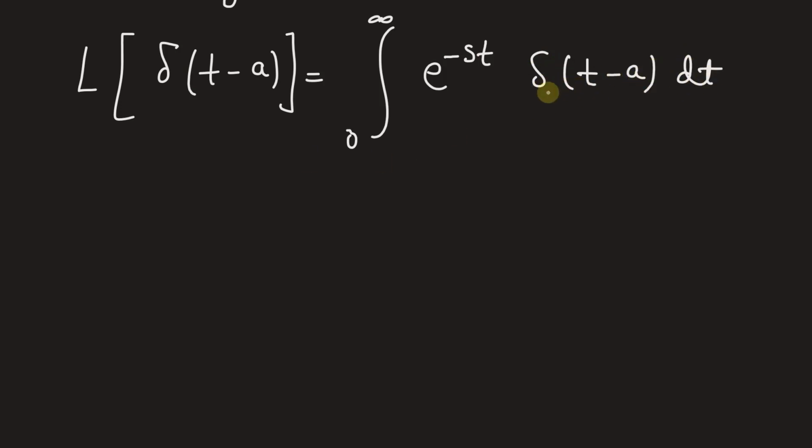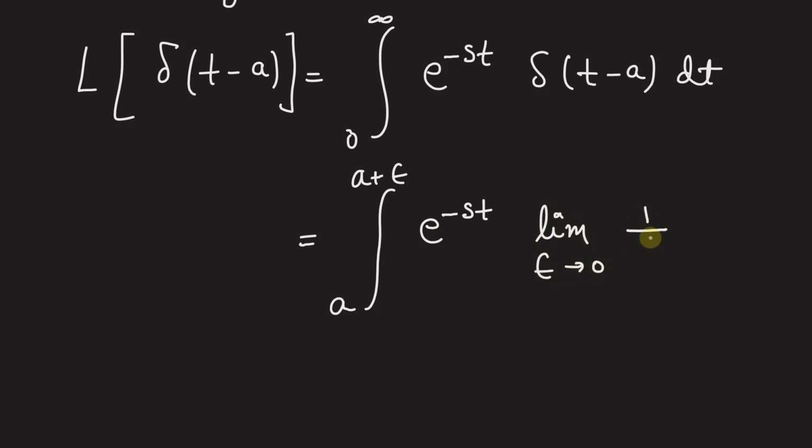Now let's replace the value of the delta function. The limits will become a to a plus epsilon, because the delta function is defined from a to a plus epsilon. So e to the power of minus st, with limit epsilon tends to 0, 1 upon epsilon, is the value of f(t) in a to a plus epsilon, dt.